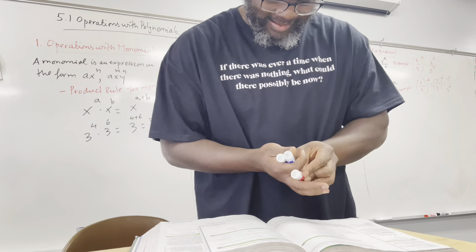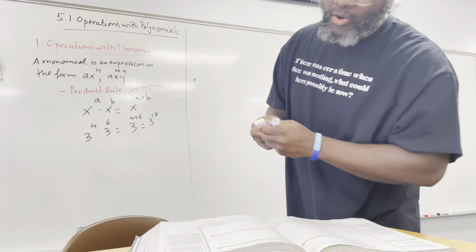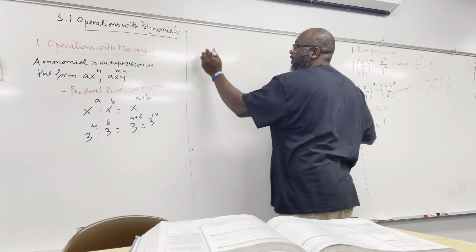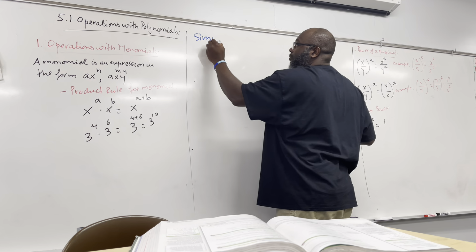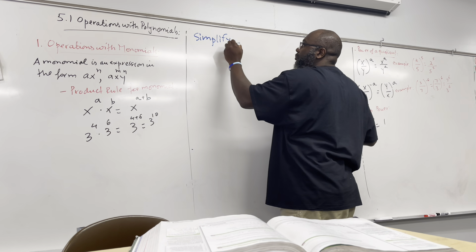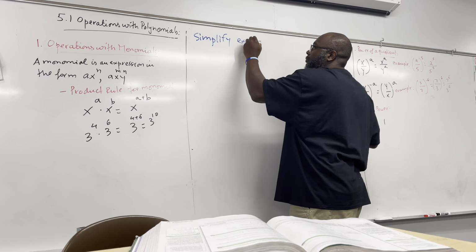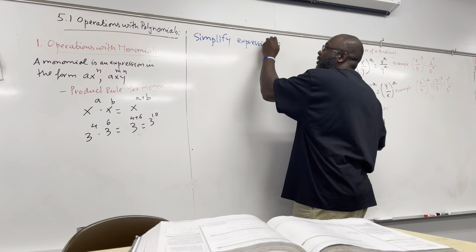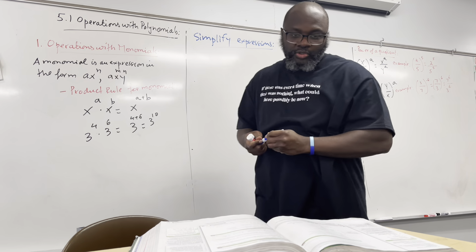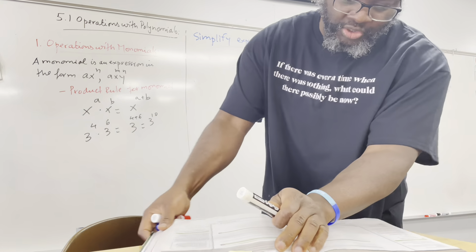Alright, now we're going to learn how to do some quick simplification here. Simplifying an expression. So let me give you an example. Now we're going to apply the rule that we just learned.